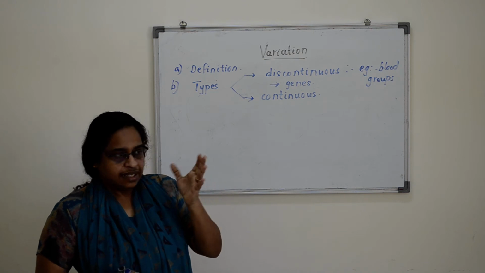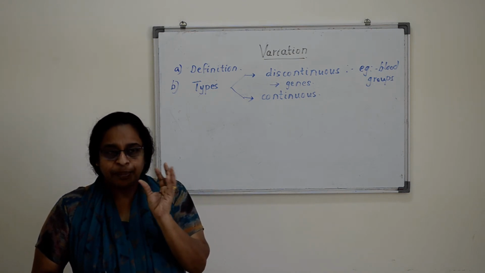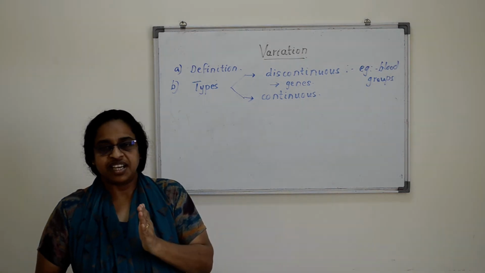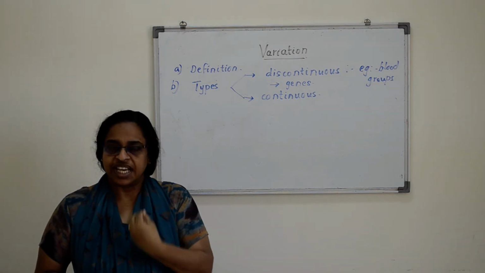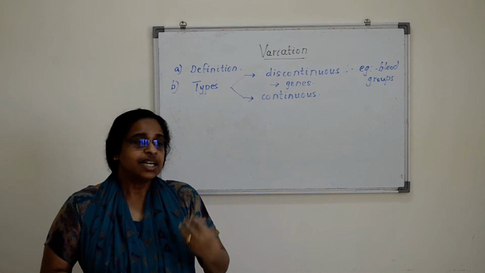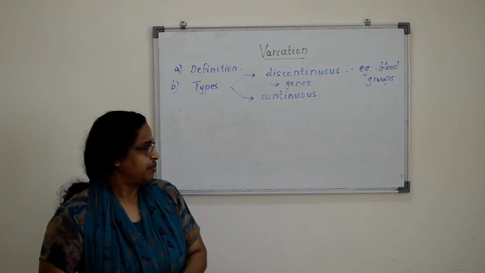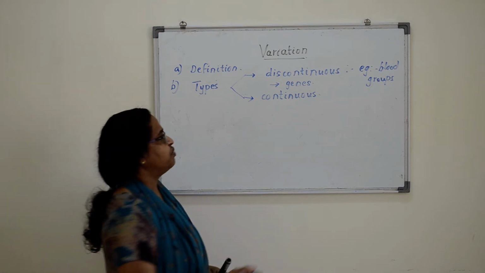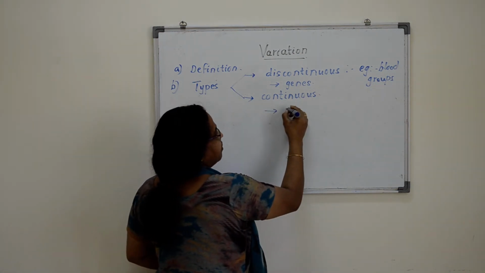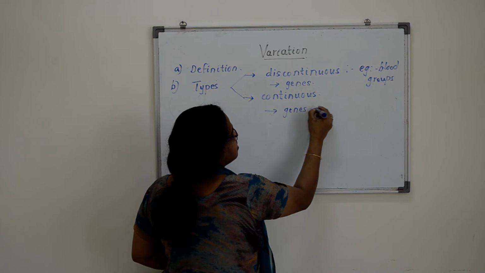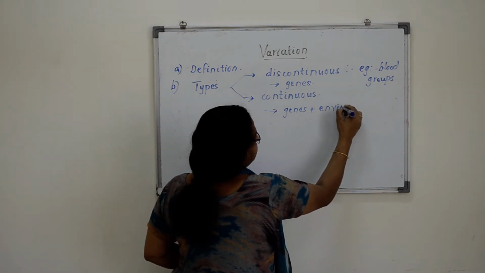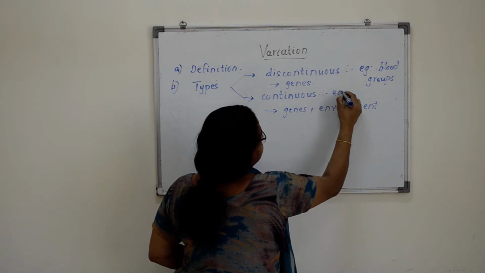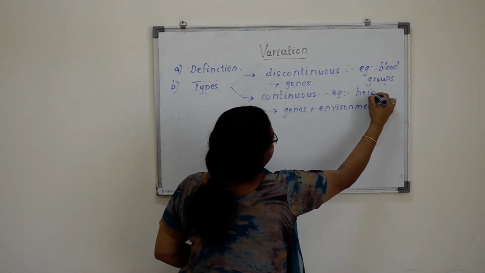Of course, the genes play an important part in the height, but at the same time, the kind of food that you eat also plays an important part. So that means continuous variation can be caused by both genes and environment, and the example is height.